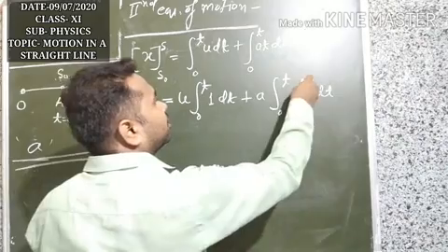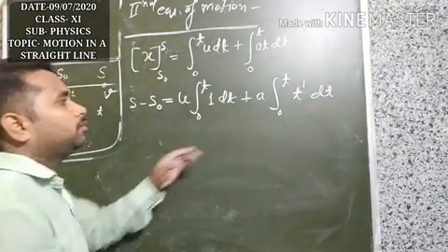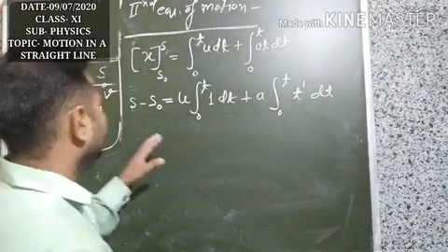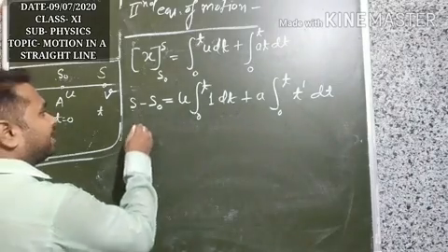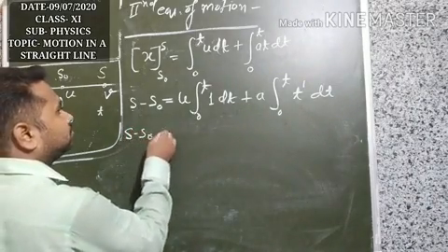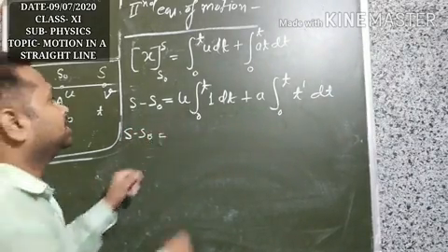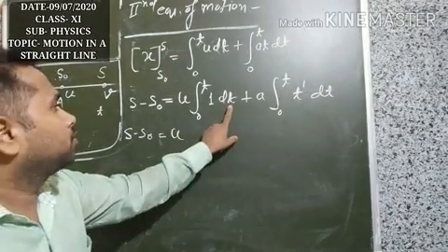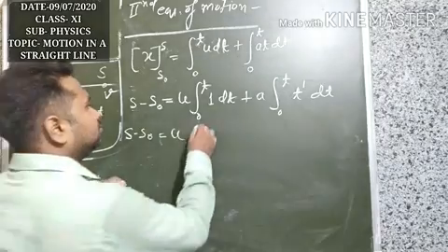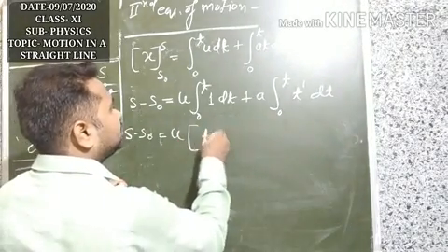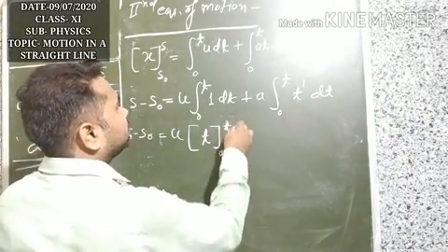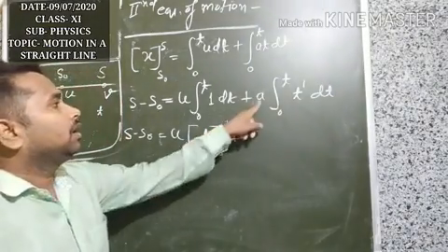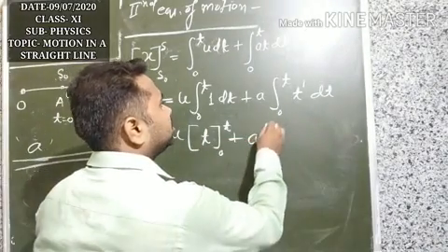and t dt we can write as t power 1 dt. So left side is s minus s0, u is outside of the integration. Integration of 1 with respect to time is t, so it is t with limit 0 to t plus a outside of the integration.